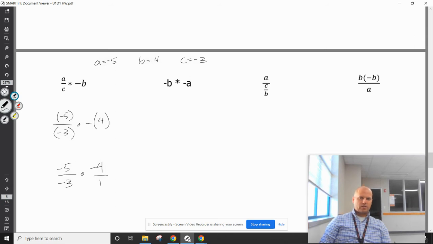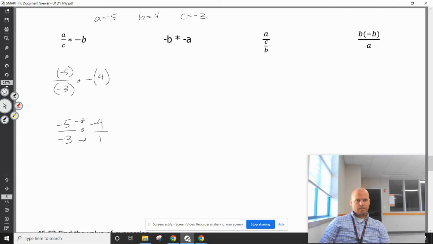There's different ways to handle these negatives. Like a negative divided by a negative is a positive. I could just get rid of them now, make this a positive and a positive, and then multiply across. Or multiply across and then say negative 5 times negative 4 is positive 20. Negative 3 times 1 is negative 3. Can't simplify this, can't divide this by 3, can't divide this by 2, so we're done.